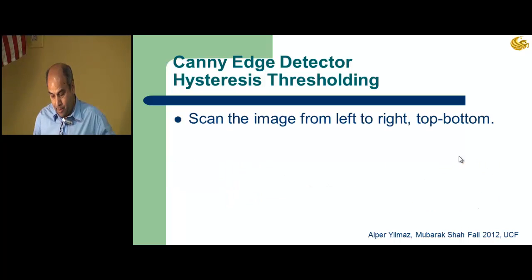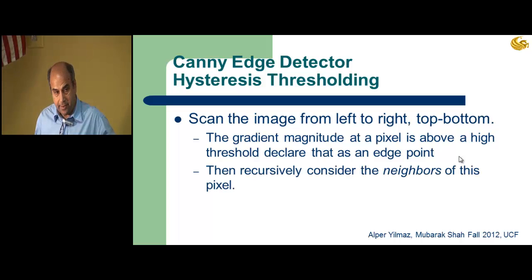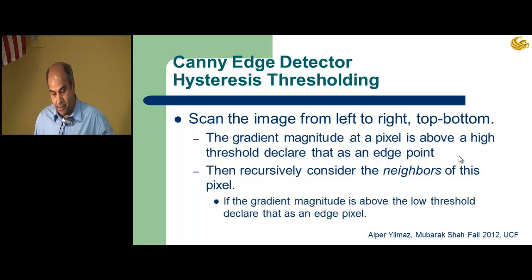The way it works, you scan the image from left to right. If the gradient magnitude at a pixel is above the high threshold, declare that an edge point. Then recursively you look at its neighbors, and if the gradient magnitude is above the low threshold, select that as an edge point.